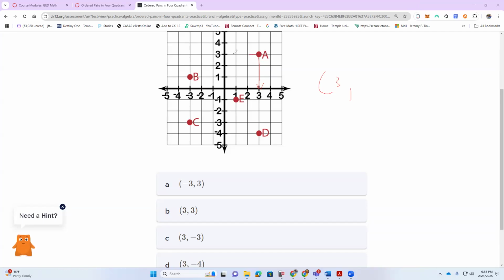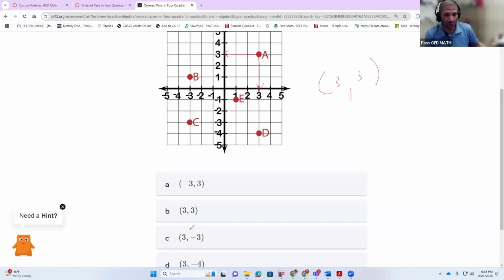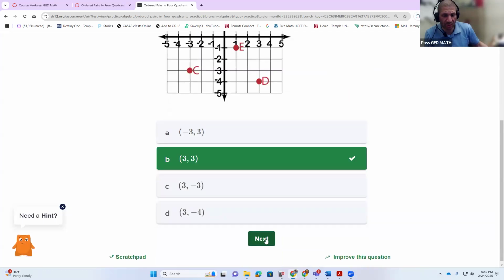Would that be a 3? Move to your Y. You asked whether both answers can be 3. Yes. So let's check that. 3, 3. That was correct.